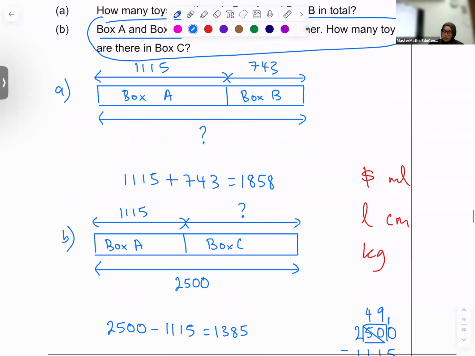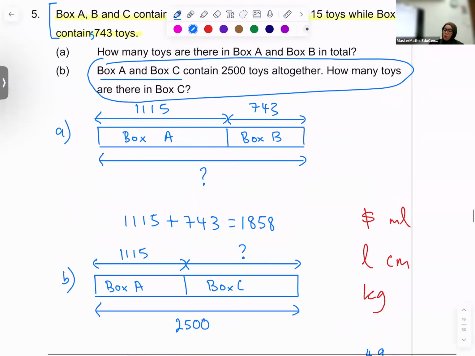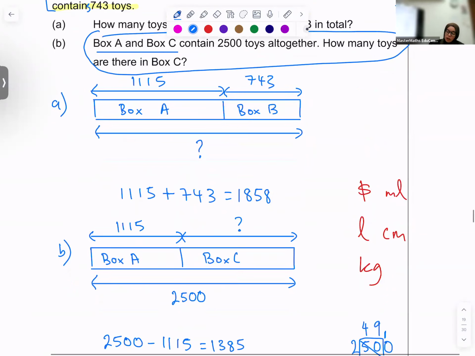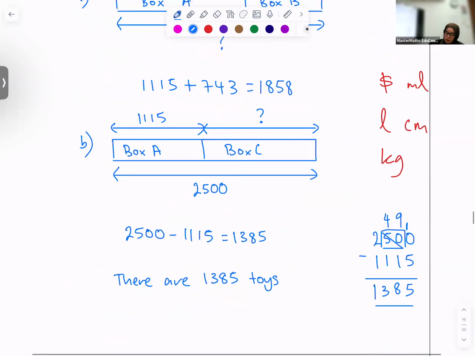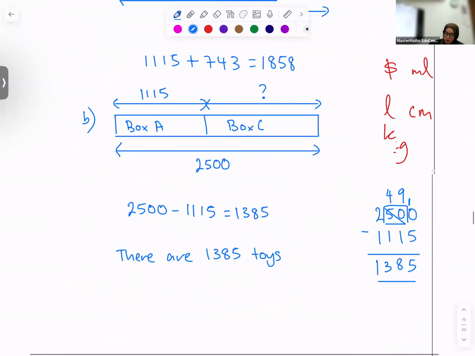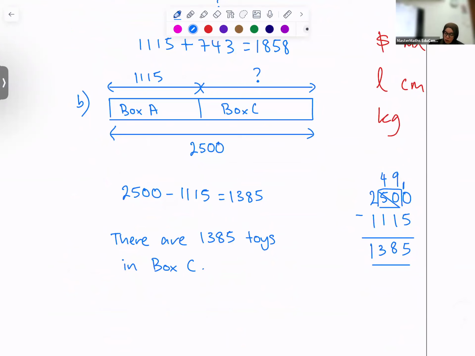So if the question asks, how many toys are there in box C? You can write down, there are 1,385 toys in box C. Okay, this is what an answer statement looks like.